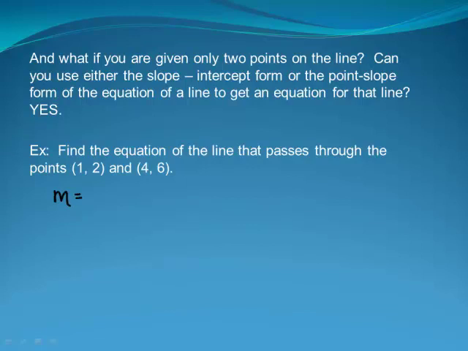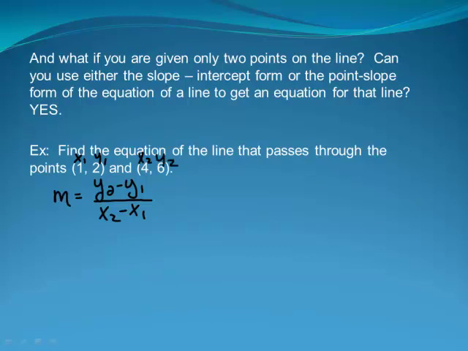So remember, from earlier, slope is always equal to y2 minus y1 divided by x2 minus x1, the difference in the y values divided by the difference in the x values. Therefore, since you're given 2 points, let one of those points be x1, y1. Let the other point be x2, y2.